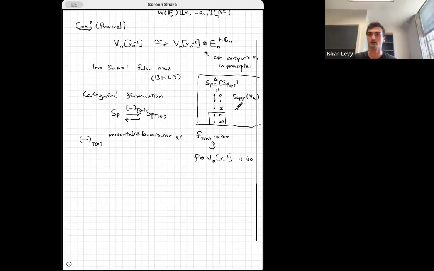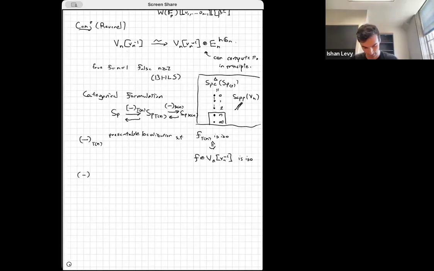And so the point is that one way to reformulate the telescope conjecture is that it's about whether this is the same as a further localization. So there's a further presentable symmetric monoidal localization called Kn localization. Here's an easy way around defining it.